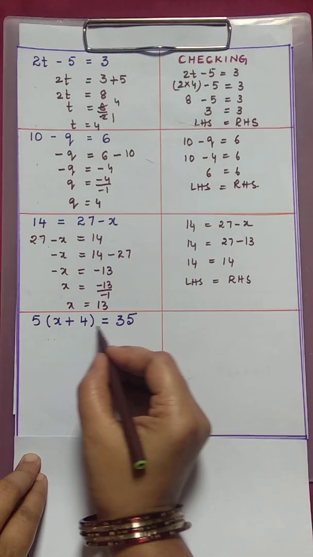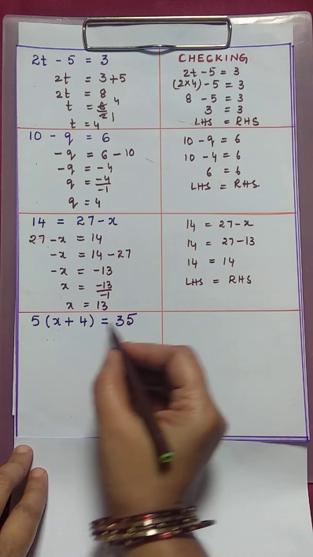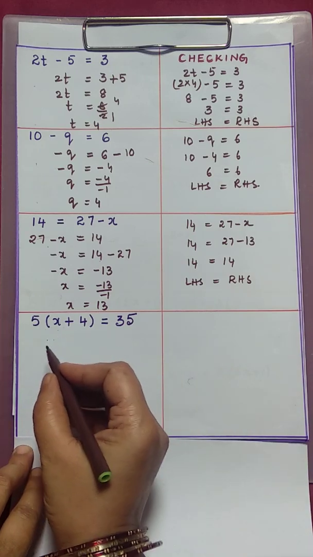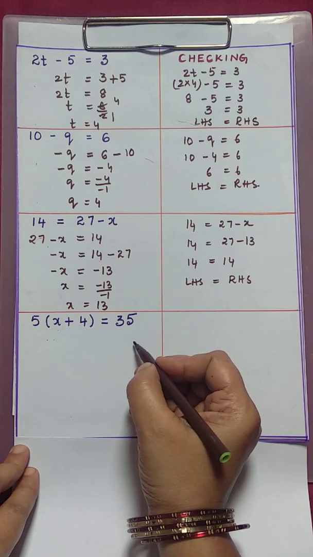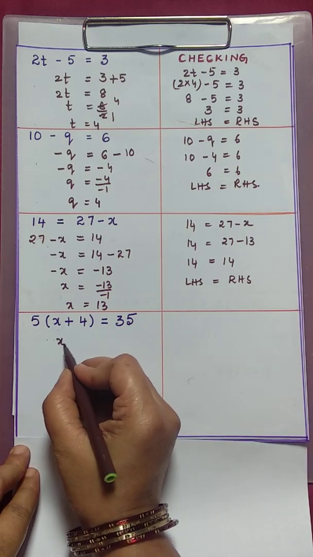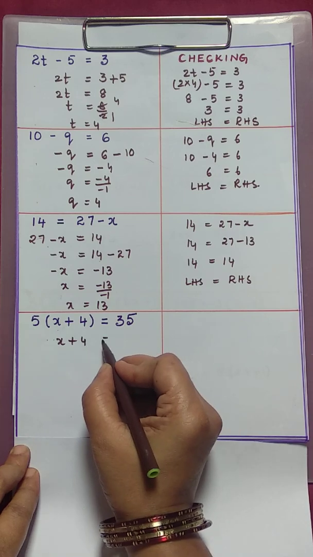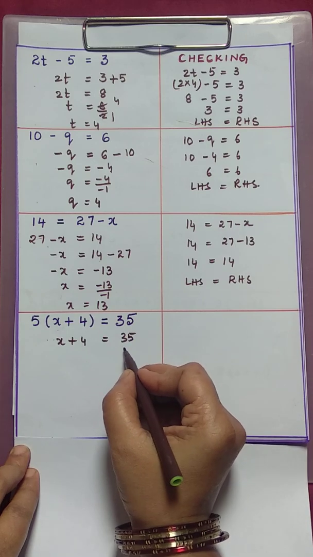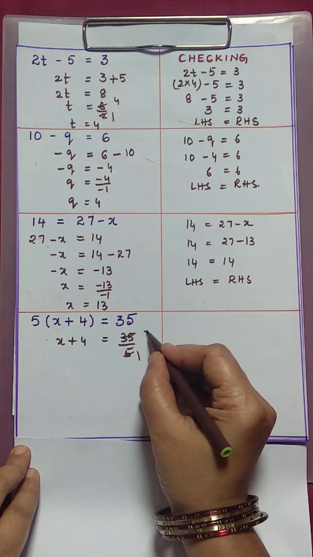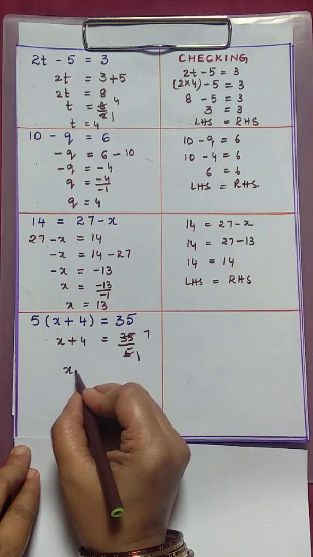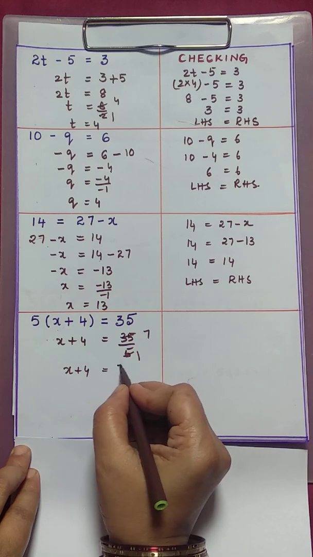5 into x plus 4 is equal to 35. Now this is 5 into the bracket. So when we are transposing 5 to right side, we divide 35 by 5. So x plus 4, which is equal to 35 by 5. Now simplify here. 5 ones are 5, 5 sevens are 35. x plus 4 is equal to 7.